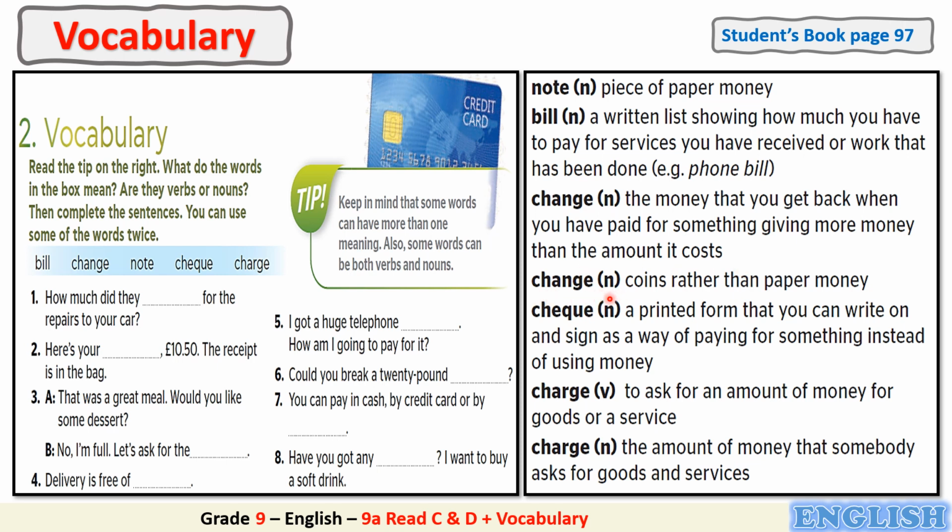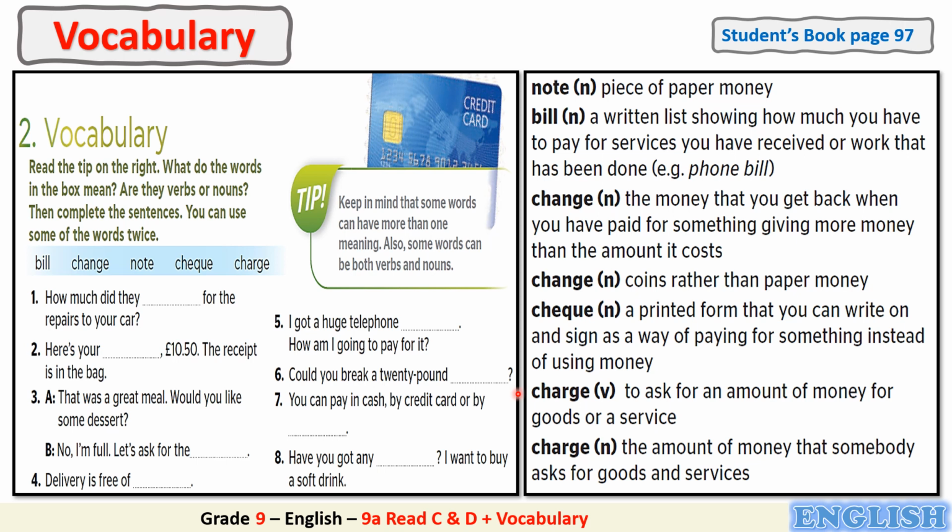The second meaning, it is a noun, which means coins rather than paper money. The next word is check, and it is a noun, which means a printed form that you can write on and sign as a way of paying for something instead of using money.